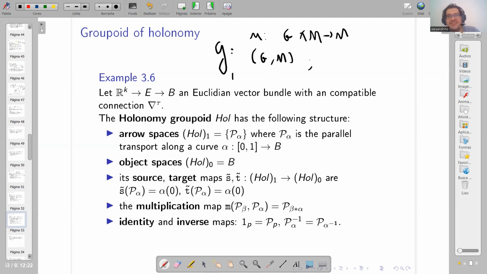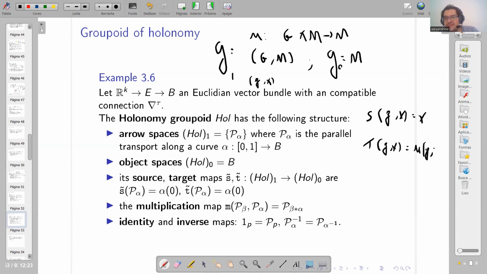It helps a lot. Here you think of an arrow as just gx. This is our arrow now. And so the source of an arrow is just the point x. The target of an arrow is then g multiplied by x.